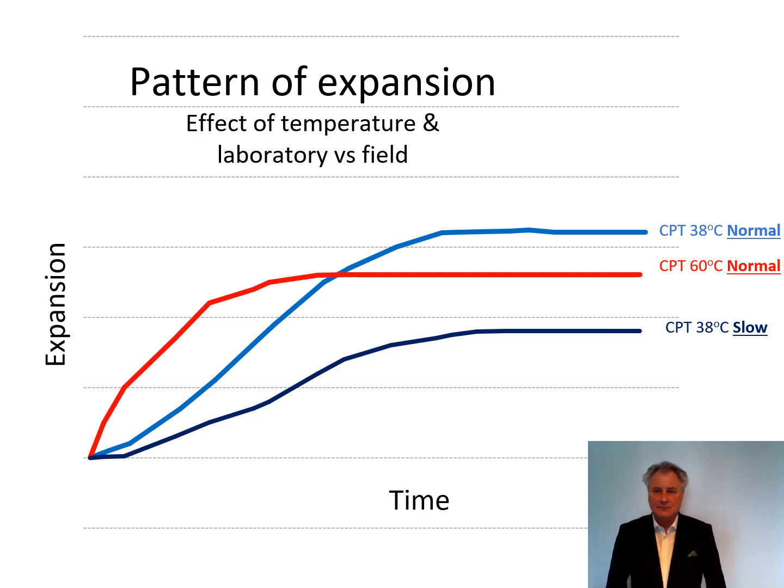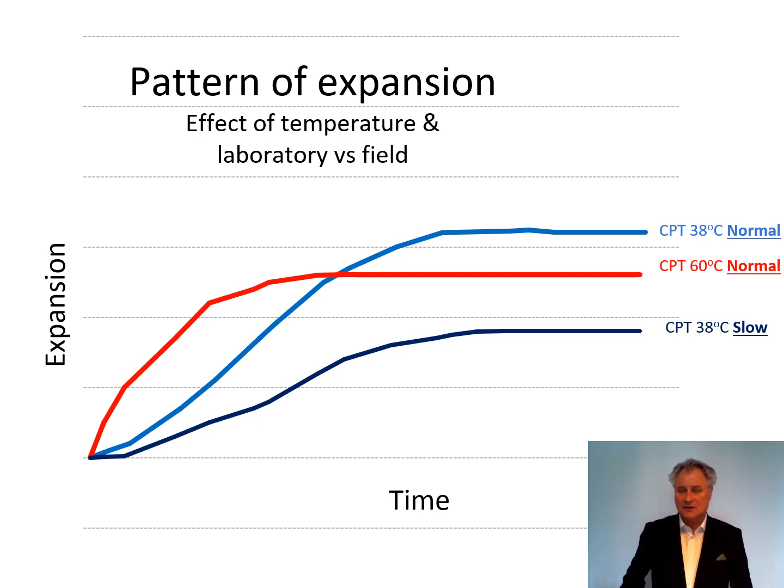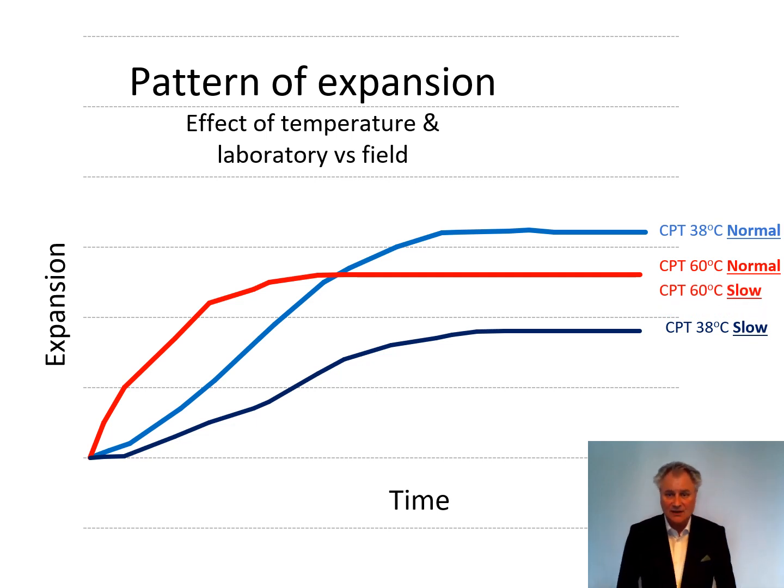And if you have a slow reactive aggregate in the 38-degree test, it will develop something like this. But if you have a slow reactive aggregate in the 60-degree test, it will follow very much the same pattern as the normal expansion.